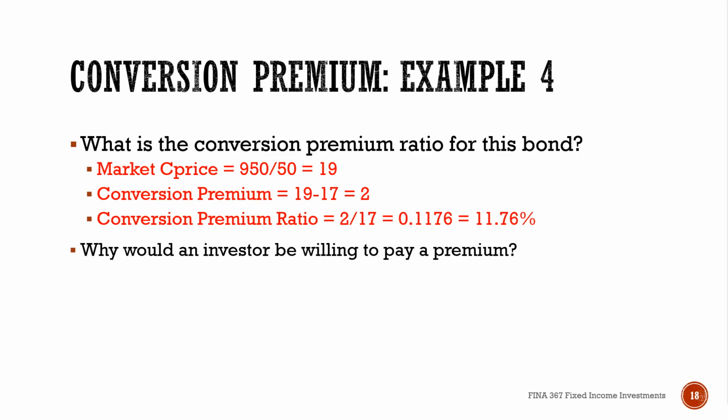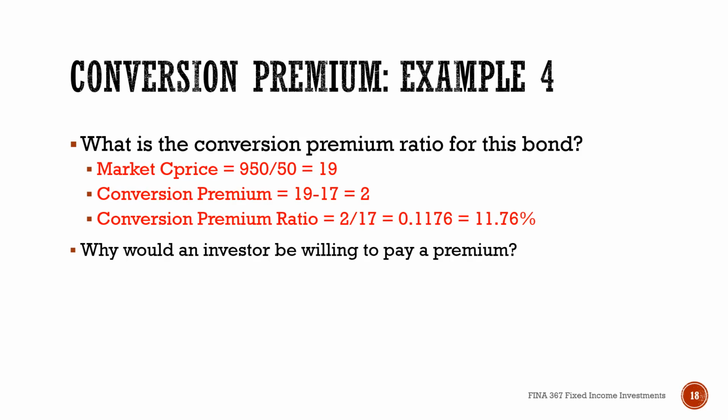In other words, instead of buying the stock directly, now the investor has another option. They can get the convertible bond and enjoy the periodic payment coming from the coupon, and they can convert it in case the stock price increases. So that is one way to justify this conversion premium.